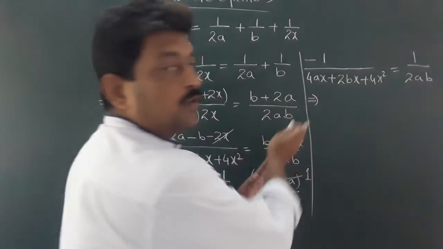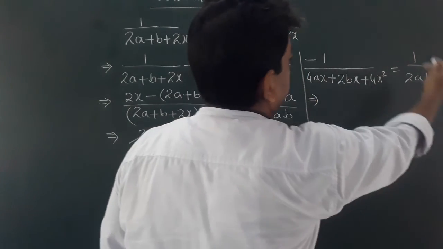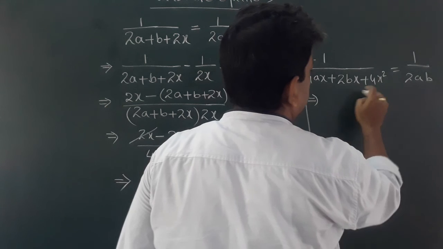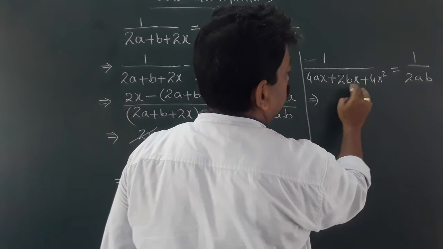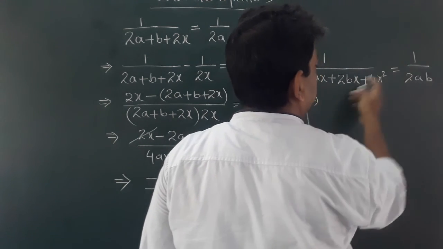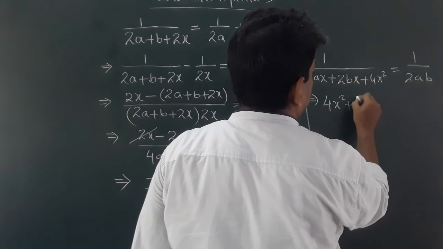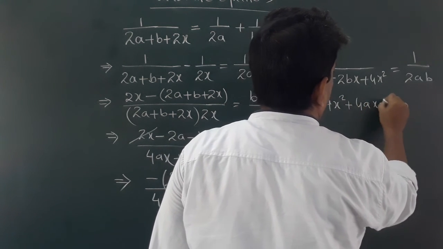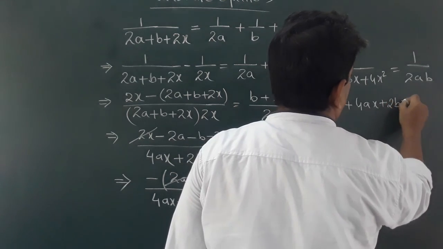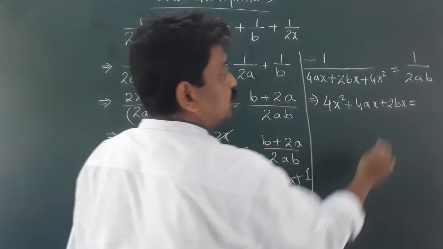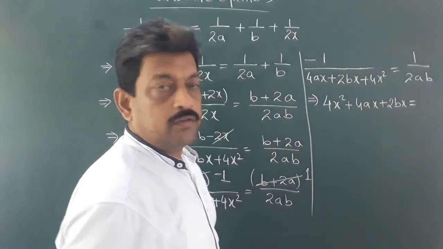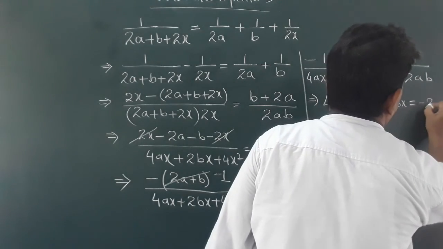Now we have to go for cross multiplication. Okay, so I am writing this first. 4ax plus 2bx plus 4x squared multiplied with 1 will be the same, 4x squared plus 4ax plus 2bx equals, this 2ab will be multiplied with minus 1, so it will become minus 2ab.